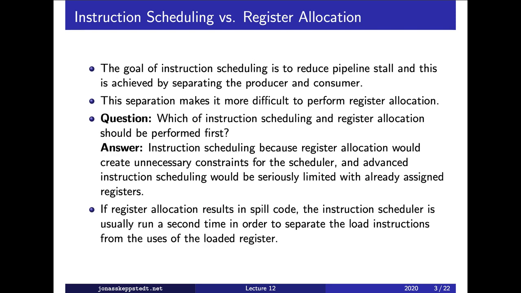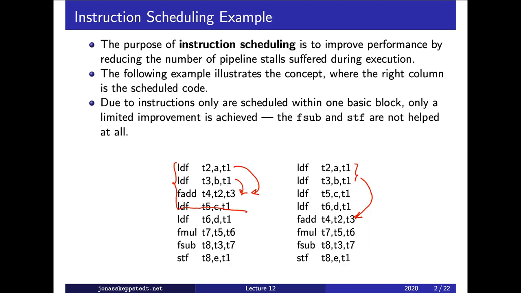So to achieve the goal of reducing pipeline stalls, we separate the producer and consumer of a value. This separation makes register allocation more difficult, since when we separate, like here, there are additional values that are live at the same moment.